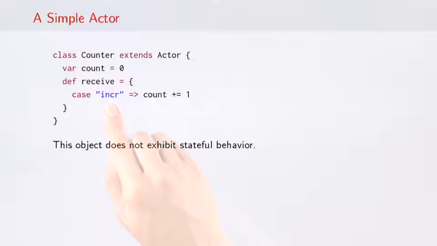So if we get a message with a string "incr", then we want to increment the counter, which we do here on the right. This object is a pretty boring actor actually, because we can only send it this string and we never get any answer back, and we cannot determine what the counter actually is. Therefore, this object does not exhibit stateful behavior.